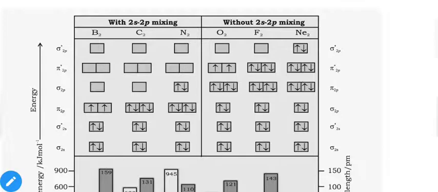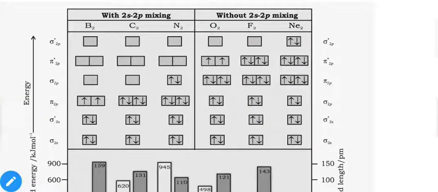First of all, let's try to find the bond order for O2, and keep in mind, as the bond order increases, the molecule becomes stronger. So the higher the bond order, the more the stability, and the lower the bond order, the lower the stability.